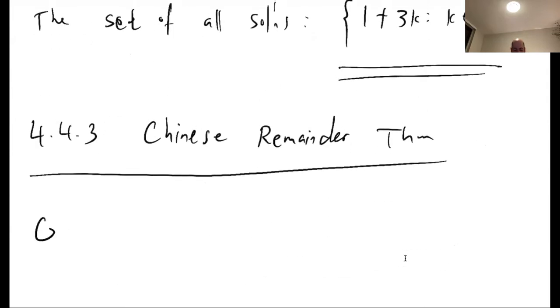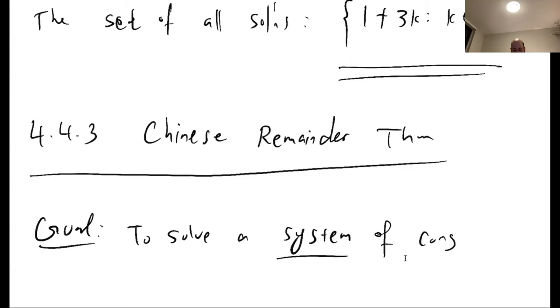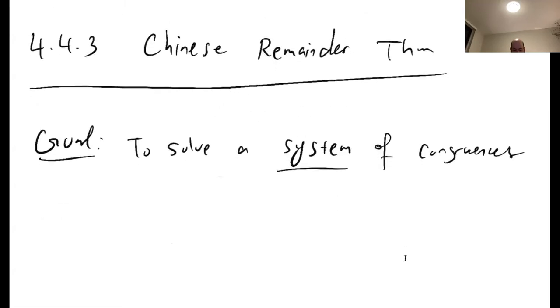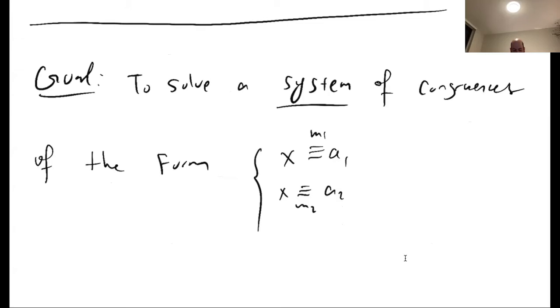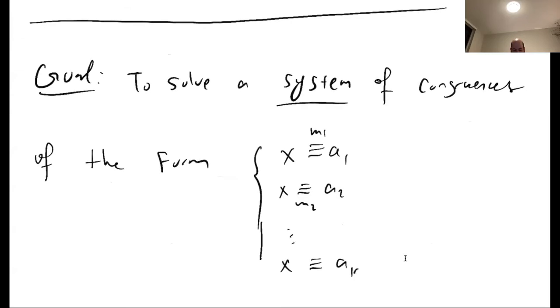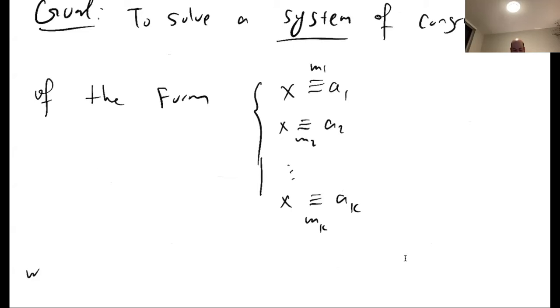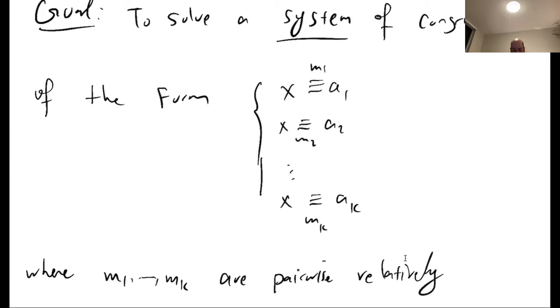So the goal here is to solve a system of congruences of the form, let's say, x congruent a1 mod m1, x congruent a2 mod m2, all the way to x congruent ak mod mk, where m1 to mk are pairwise relatively prime.